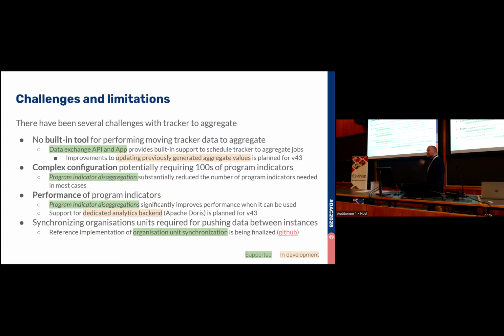So it's not built into DHIS itself, but there is a reference implementation showing how to set it up using the recommended interoperability tools. I'm not sure if it's officially published yet as finalized, this simple reference implementation, but it is available on GitHub for those who want to look at it.